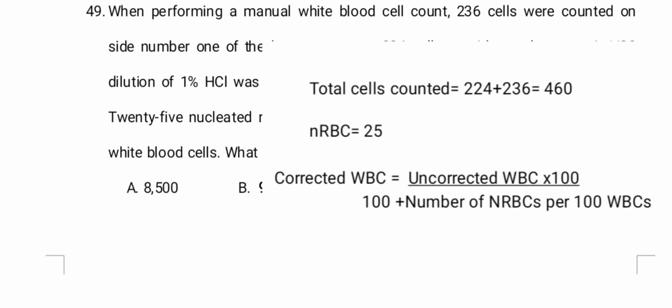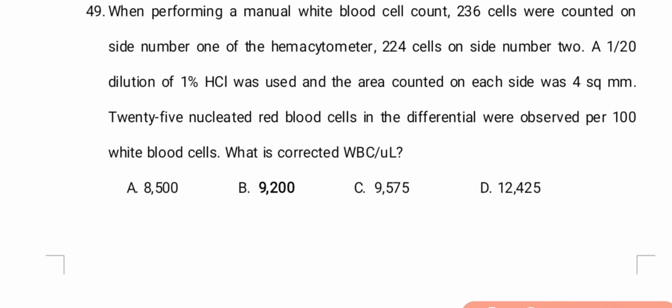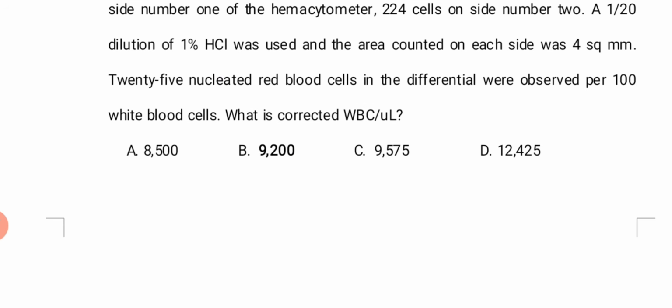The total cell count will be 224 plus 236, which is 460, and nucleated RBC will be 25. By replacing the numbers in the formula, we'll find that the final corrected WBC will be 9,200 WBC per microliter of blood. So B is the correct answer.